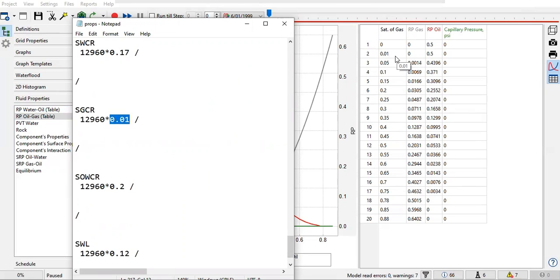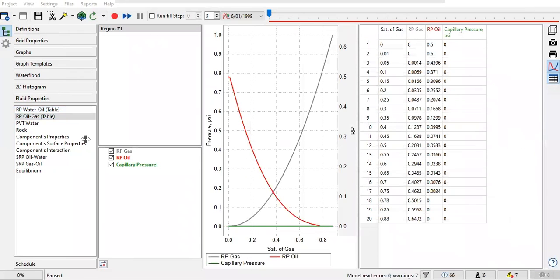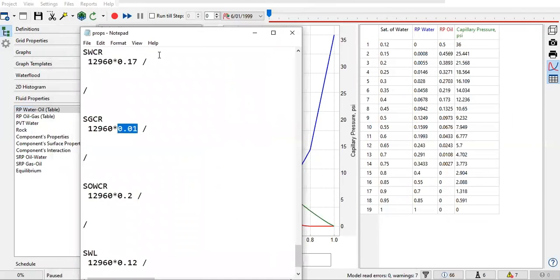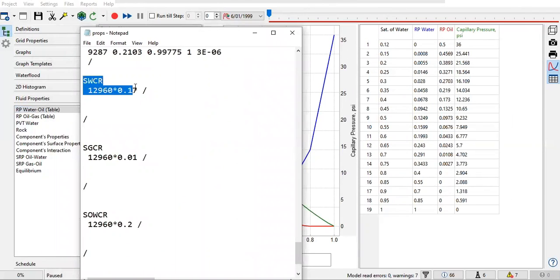And then also for the water, let's check it out. For the water, we say that the critical is 0.17. But here, even at 0.15, we already have water flow with this relative permeability.